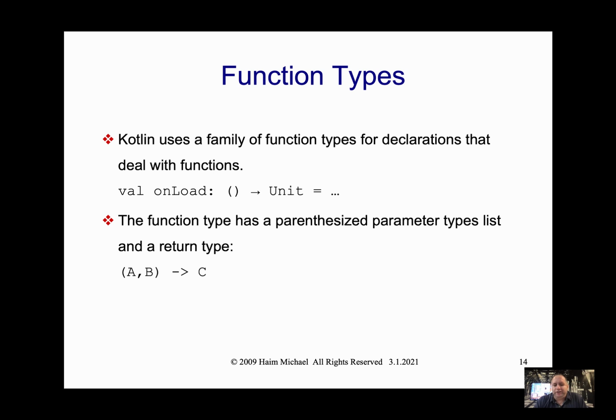So the way for us to create a new function type would be placing the types of the parameters in parentheses on the left side, and then specifying the type of the return value of the function that will match our function type. So when you have a variable of that type, it is possible to assign that variable a reference for an object that represents a function whose signature matches the function type.